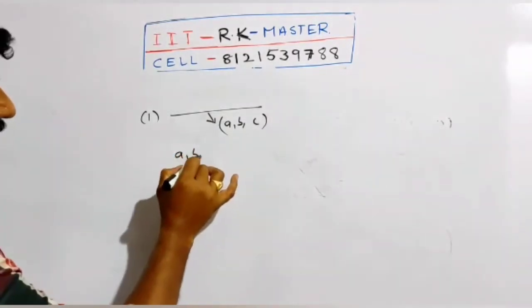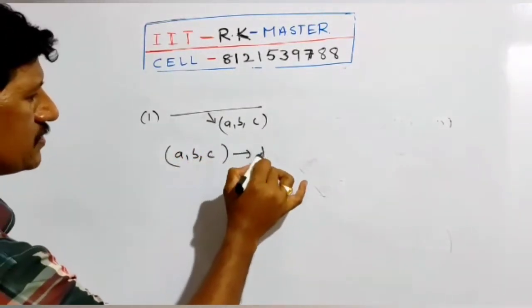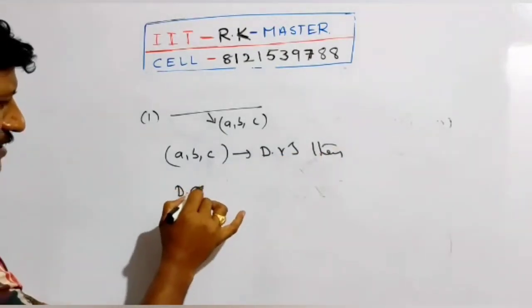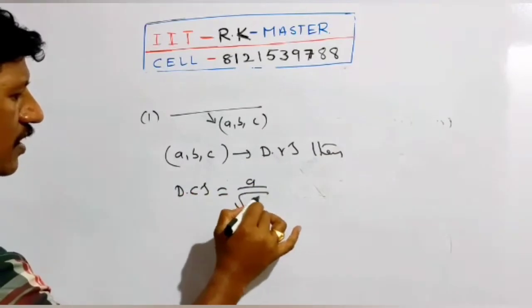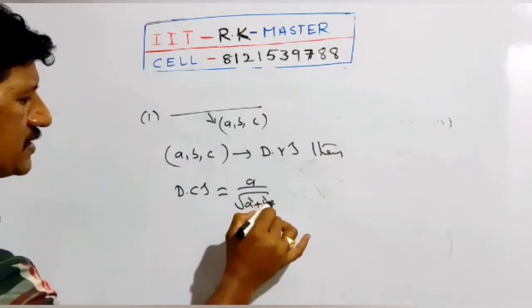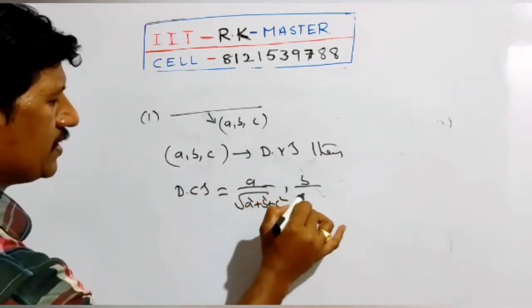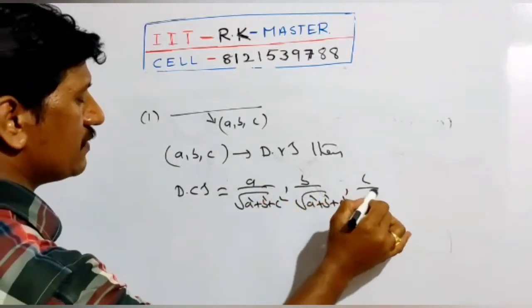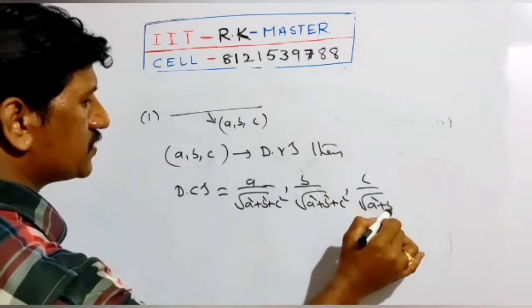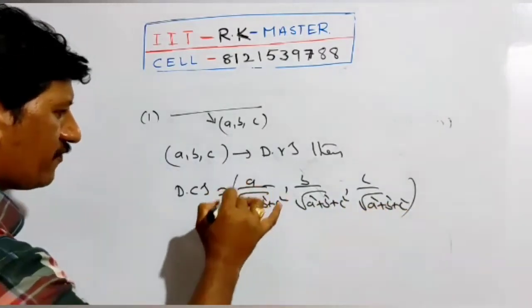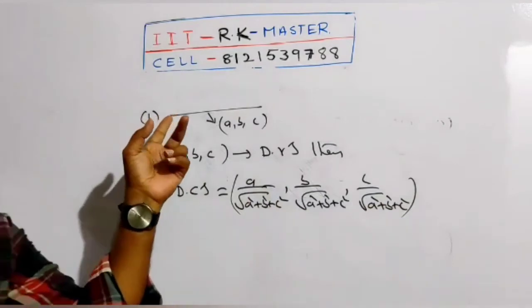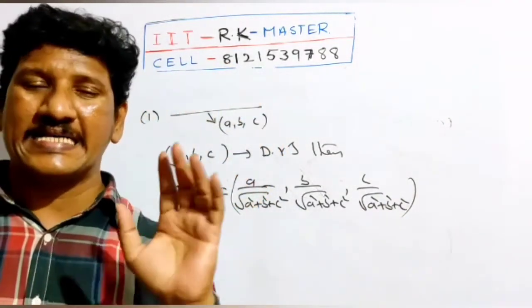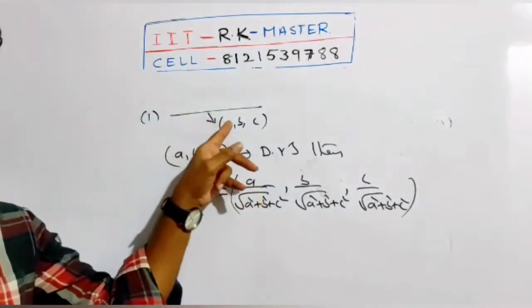If a, b, c are DRs, then the direction cosines are a by square root of a square plus b square plus c square, b by square root of a square plus b square plus c square, and c by square root of a square plus b square plus c square, the most important formula. So whenever you know any line's DRs, we can easily find the DCs of that line with the help of its DRs.